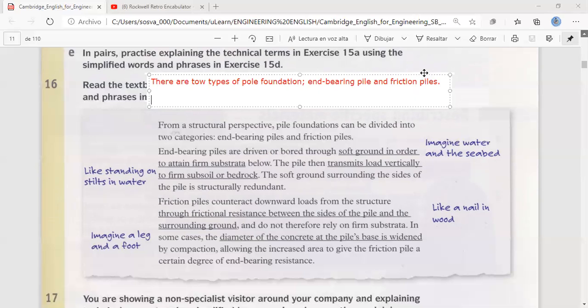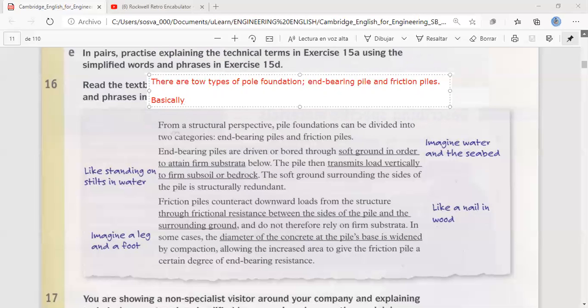Basically, the pile transmits stress. Is transmit. Okay, you can start using basically.